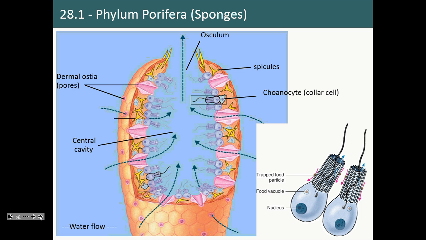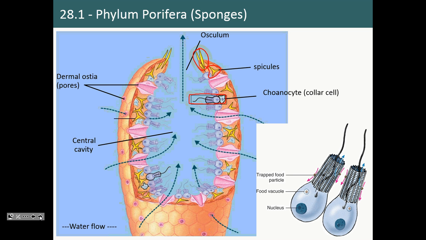And then they have several unique types of cells. Over here we have the choanocyte, or the collar cell. In yellow, we have the spicules, and those are usually made of either silica or calcium carbonate. They give the sponge a firm, rigid structure within its body. They also make it pretty unpleasant to eat. There's not a lot of things that really eat sponges.